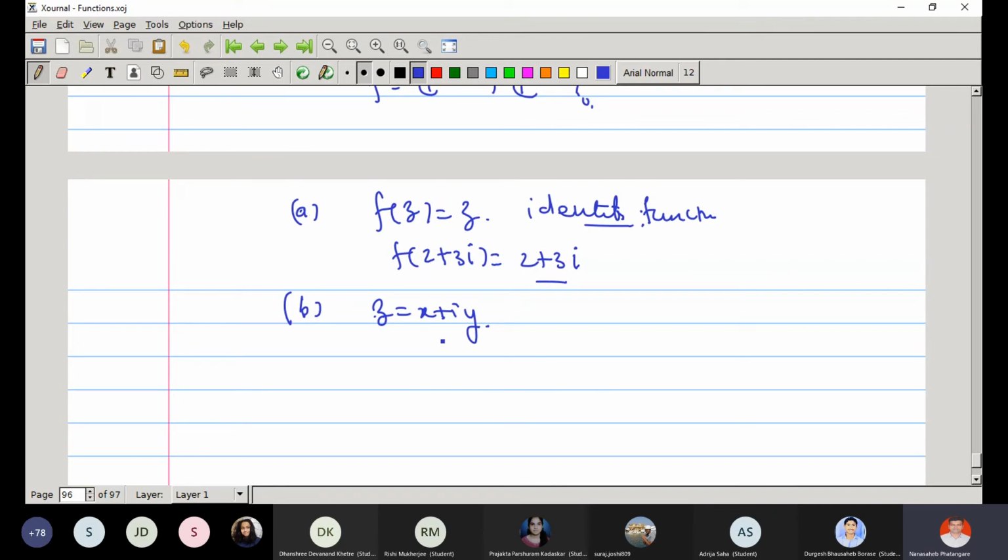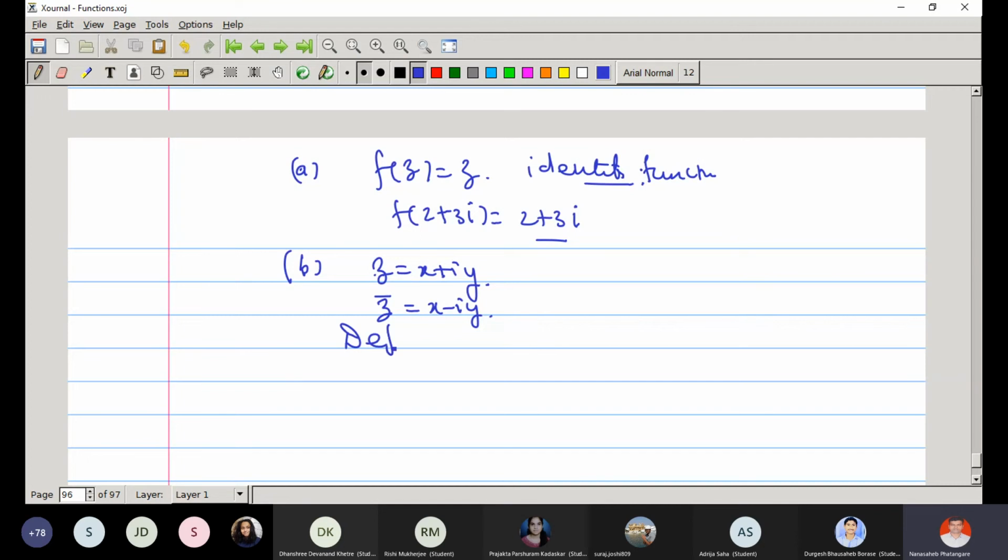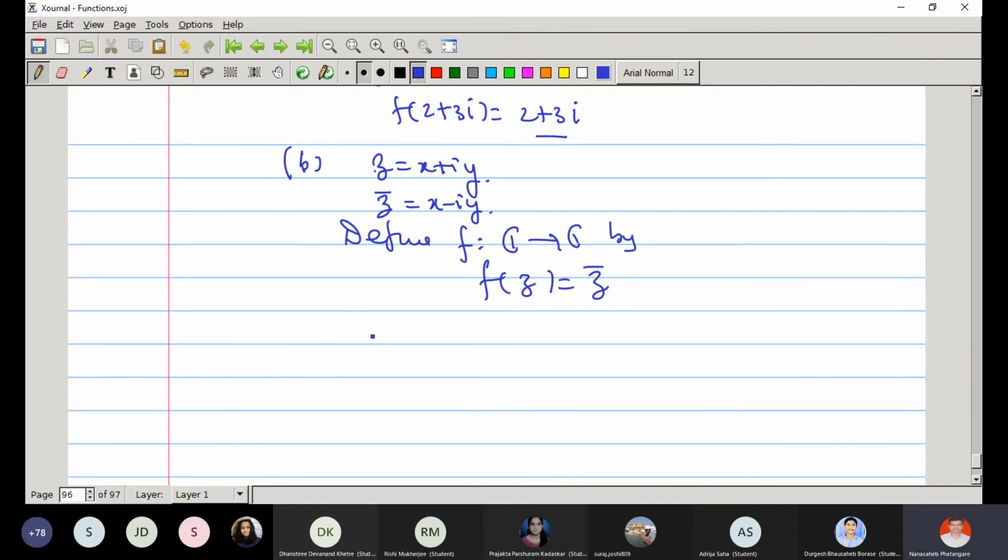That is possible, but in a different sense. Conjugate. Conjugate of x plus iy is x minus iy, right? So we can define f from C to C by f of z is equal to z conjugate, right?